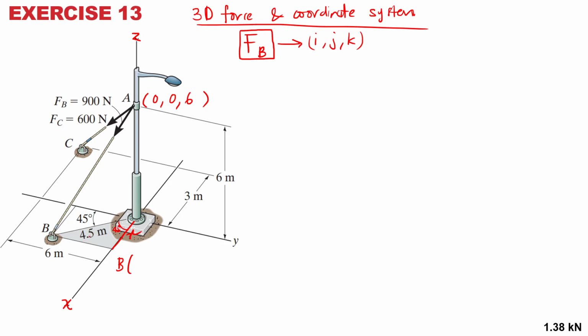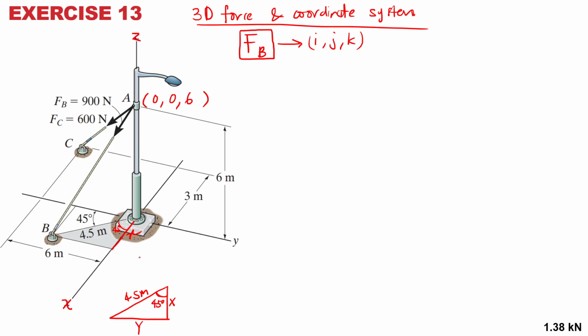This is the hypotenuse. 4.5 is actually the hypotenuse. If you cannot see, look here. This is the triangle. This is X, this is Y. This is actually 45 degrees. This is 4.5 meter.